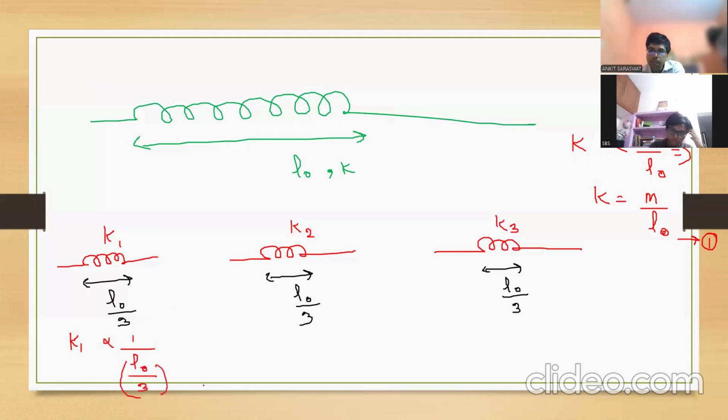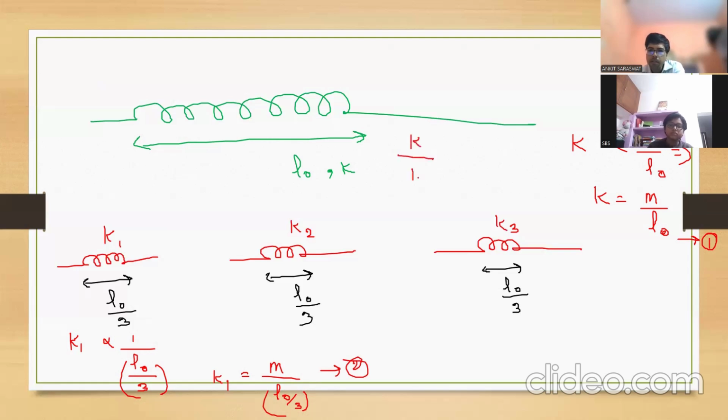Okay, L naught by 3. Then K1 will be, let us suppose, a constant, any constant will be m only. If you remove the proportionality sign, you will get a constant. So the natural length is L naught by 3. Equation 2. If you divide equation 1 by equation 2, what will you get?